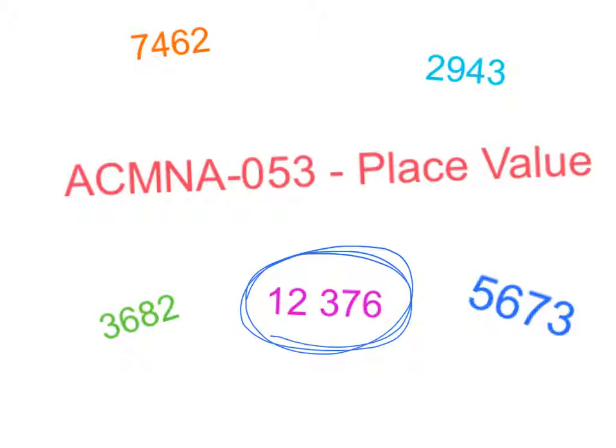We have an extra place value column in this number. Can you see it? In this number we have 3,000, but in this number we have 2 numbers in the thousands area. We have 12,376. I wonder how we would write that number and how we would represent it.